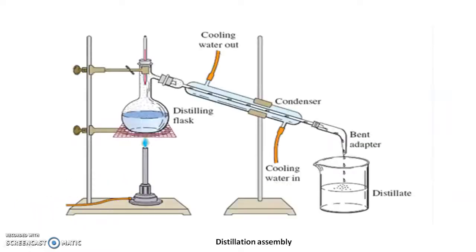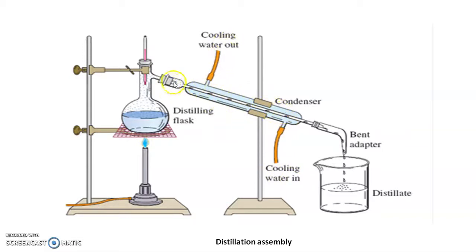This one is the distillation assembly. This is the distillation flask, this is the flame, chamber, and this is a thermometer for measuring the temperature, and this one is the condenser. In this condenser there is a water outlet. First one is the cooling water outlet, and this is the cooling water inlet. From this inlet we have to put the cool water in this condenser, and this is the water outlet.